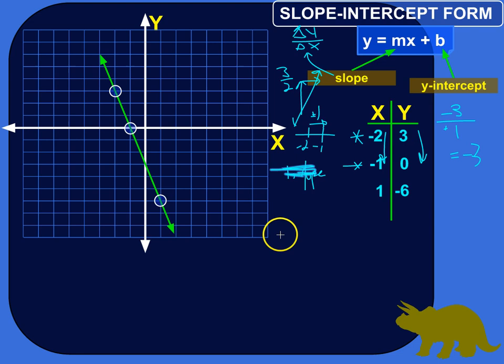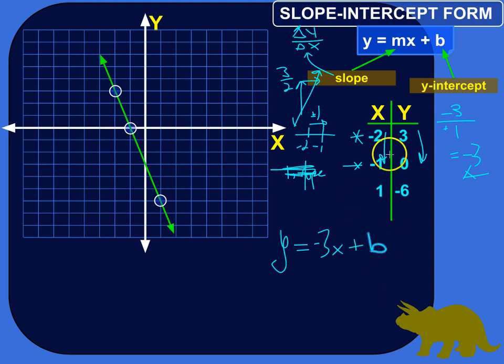And at this point, all you know is y equals the slope, m means slope, -3 times x plus b. All I need now is to find the y-intercept. If I can find the y-intercept, I put that in here, and then my equation's done.